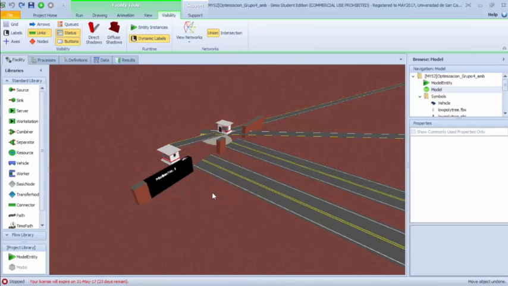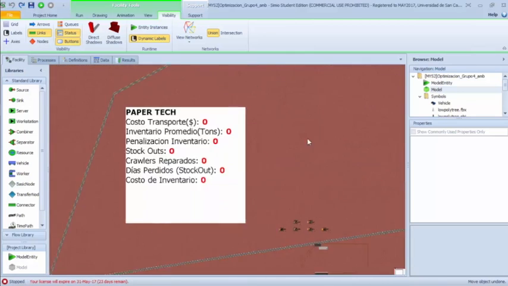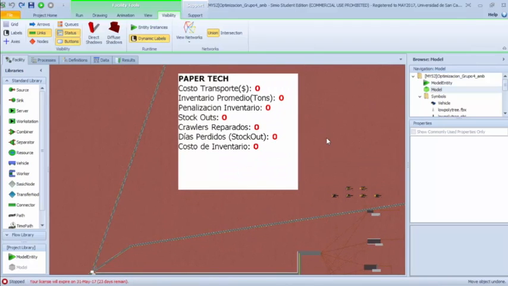The delivery costs of each mill are calculated on the scale house and stored in a state variable. For the average inventory, on each mill we measure it at the end of each day. The total inventory holding cost was measured with the WACC of 6% and a price of wood of $50 per ton.